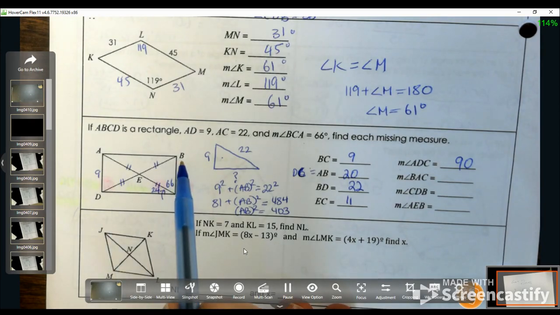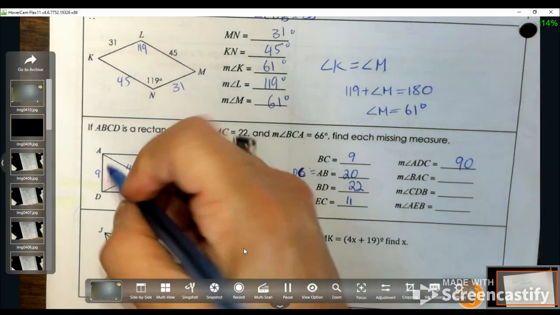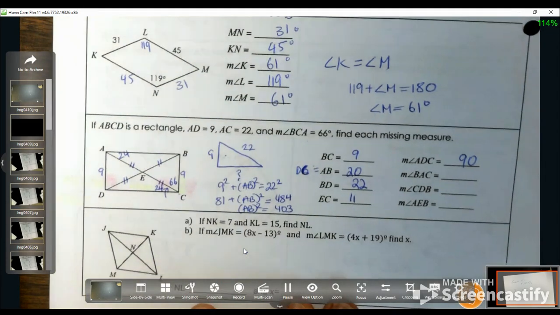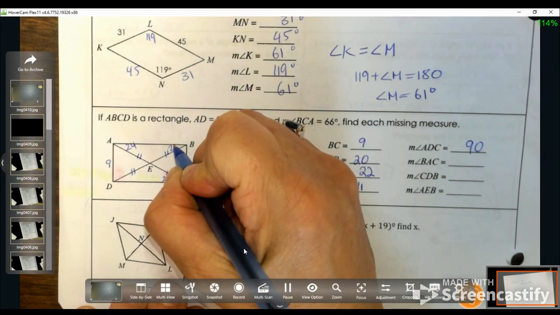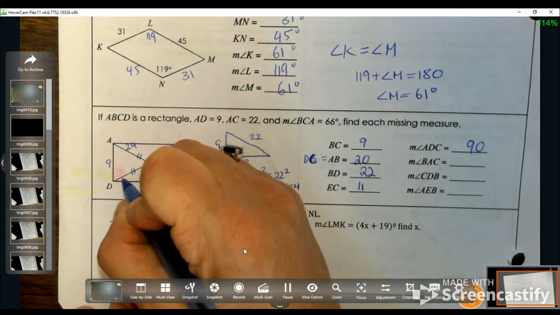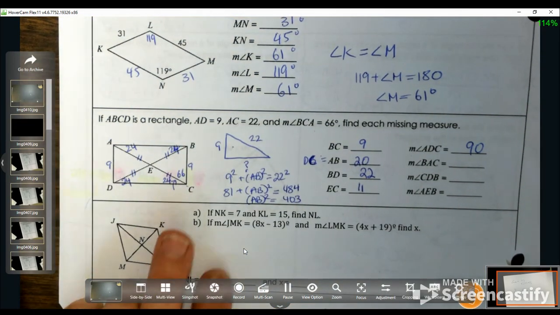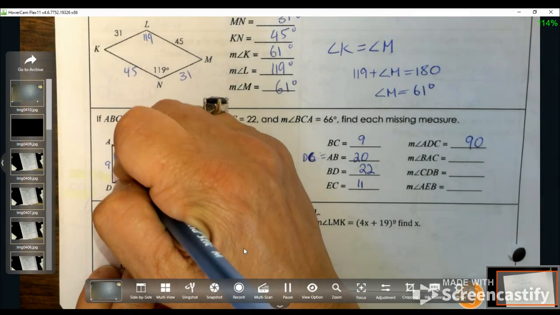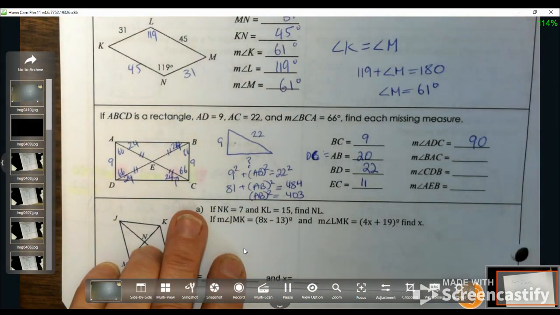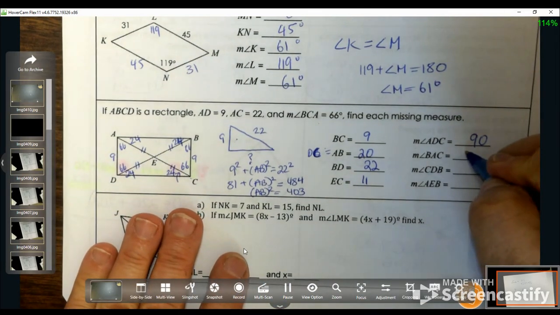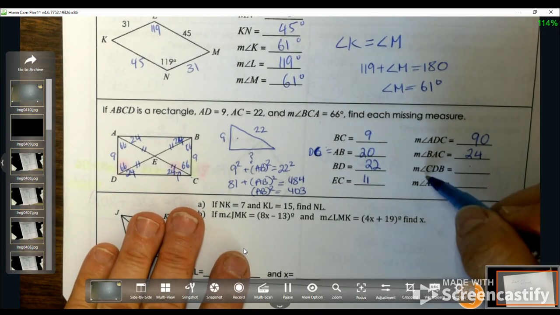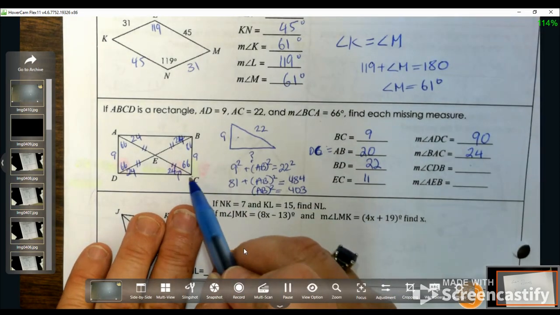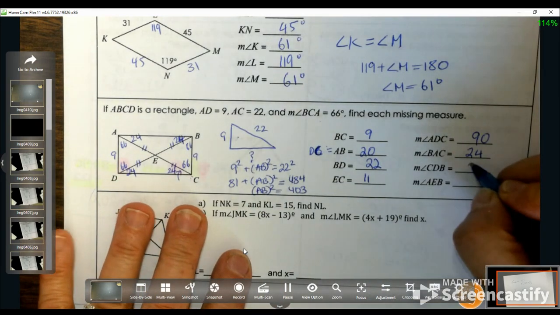BAC, this is 24. Again, because of alternate interior angles. Also, we have congruent angles, 24 and 24. Okay, 66, 66, 66, and 66. So I have 24, CDB, yeah, CDB, that's 24.